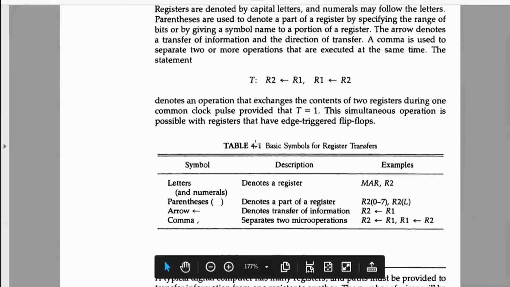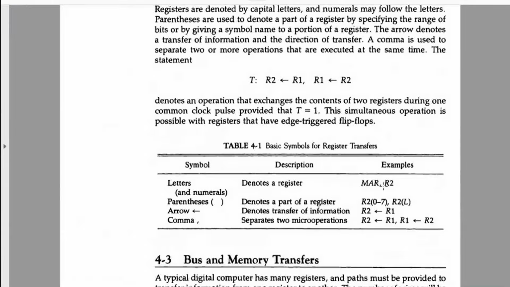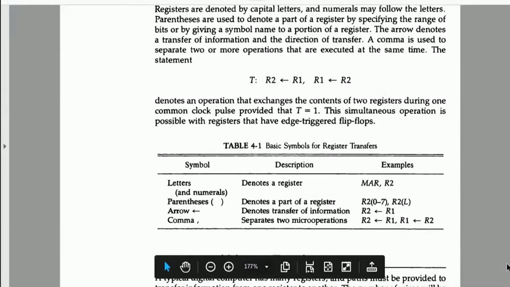Moving ahead, these are the basic symbols used for register transfer. We have already seen this. Letters and numerals denote a register, I can say R1, R2. Then I told you MAR, memory address register. If you want to fetch something from a particular location in memory, you use MAR. We'll be studying that.